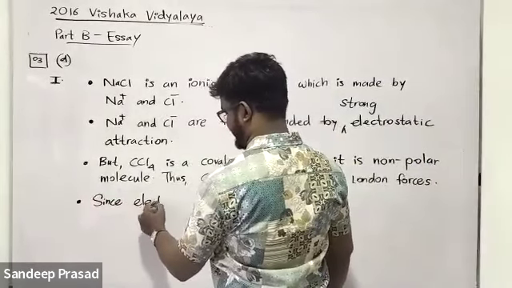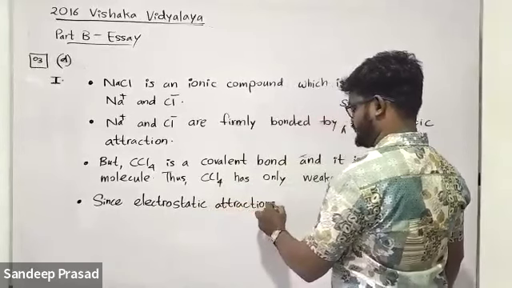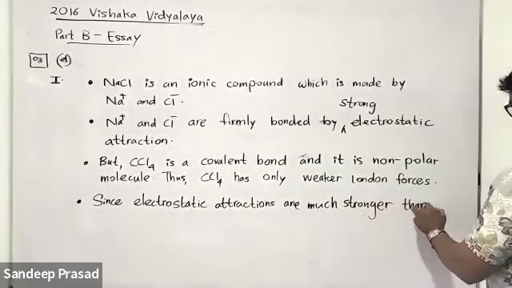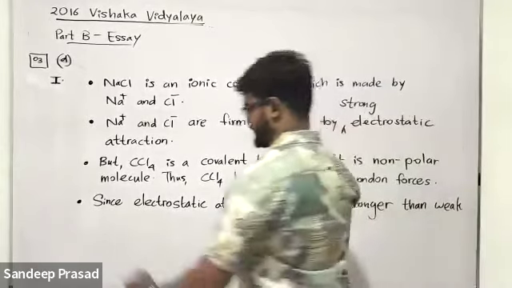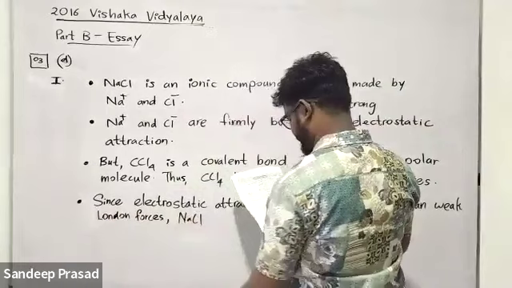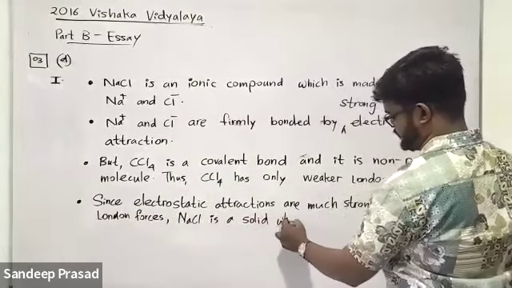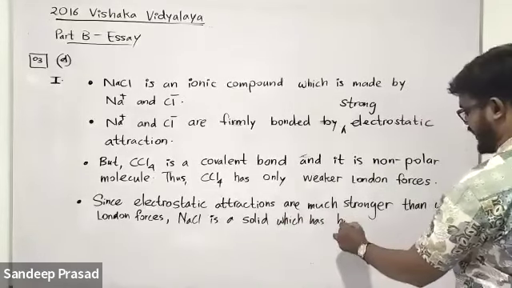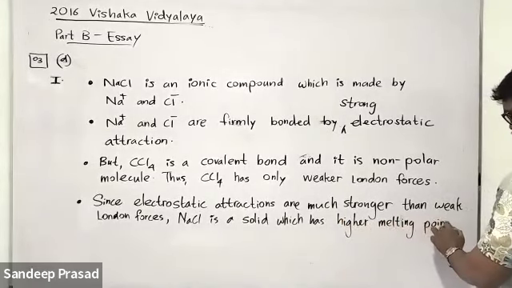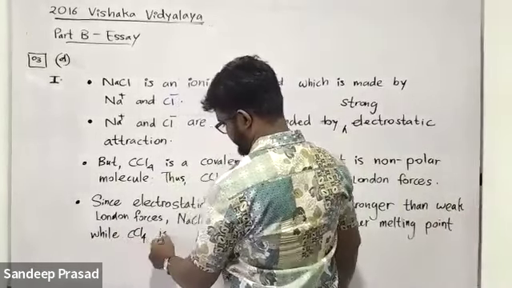Since electrostatic attractions are much stronger than weak London forces, sodium chloride is a solid which has a higher melting point, while carbon tetrachloride is a volatile liquid.